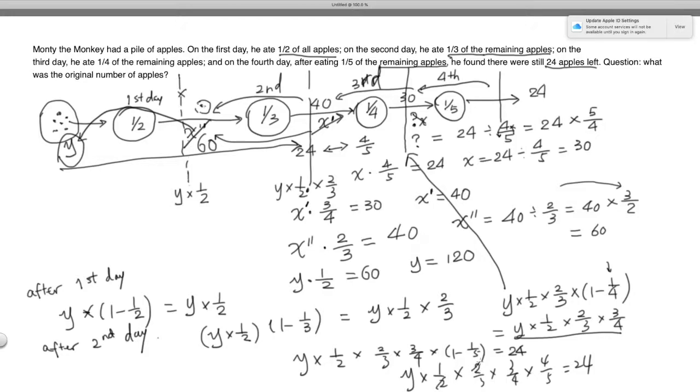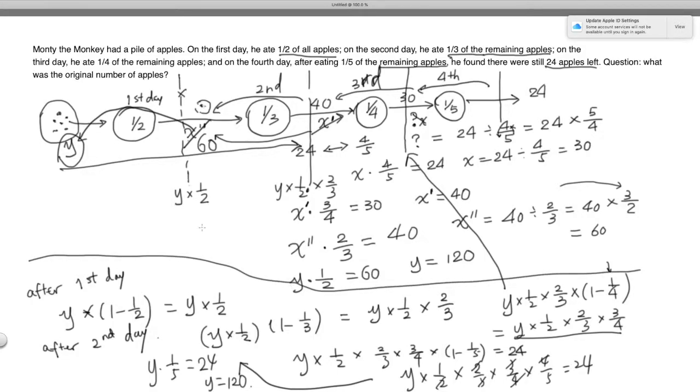This 2 cancels with this 2, 3 cancels with this 3, 4 cancels with this 4. So we're left with just y times 1/5 equals 24. So y equals 120. And that's the second way of solving.